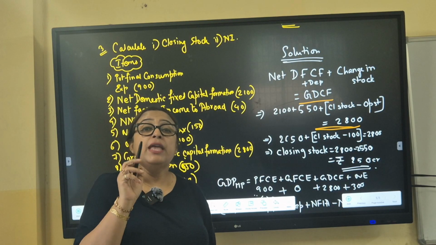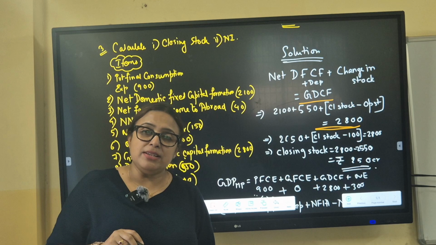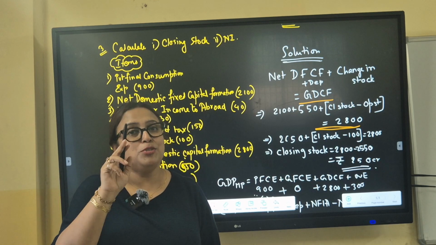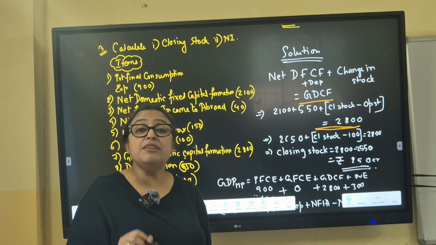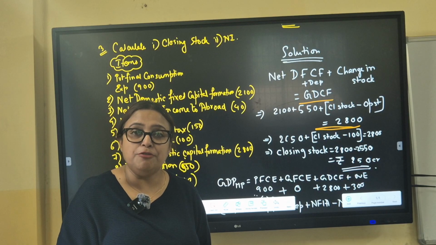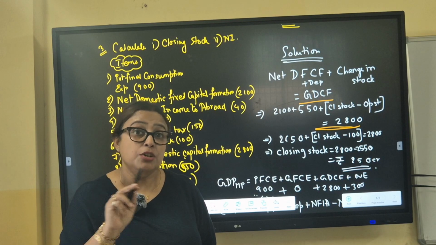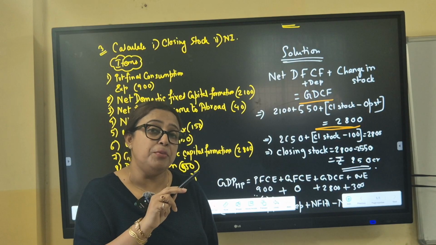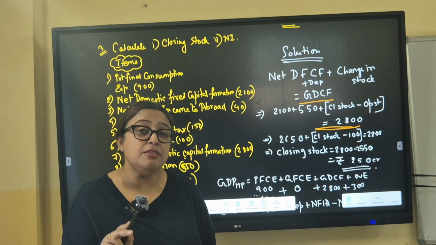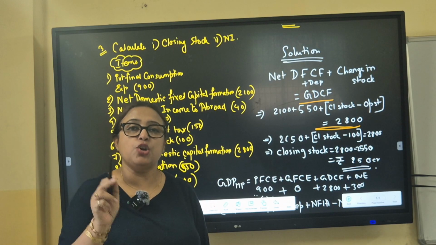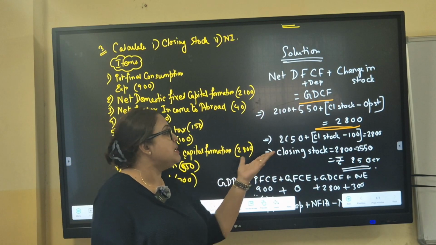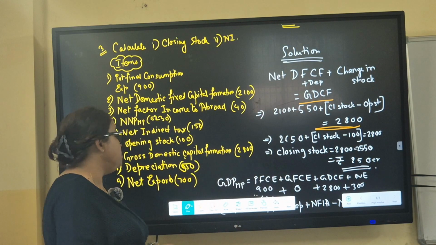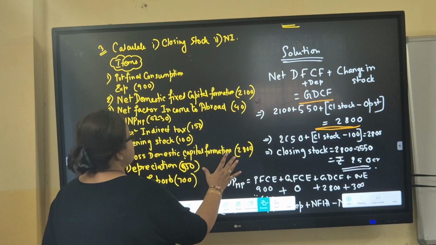If gross domestic fixed capital formation is given, just add up change in stock to get gross domestic capital formation. If it is given as net domestic fixed capital formation, net and fixed both are there. For net, add depreciation. For fixed capital formation, add up the change in stock to get gross domestic capital formation. And then we have done a simple linear equation method, and we have aced the sum.